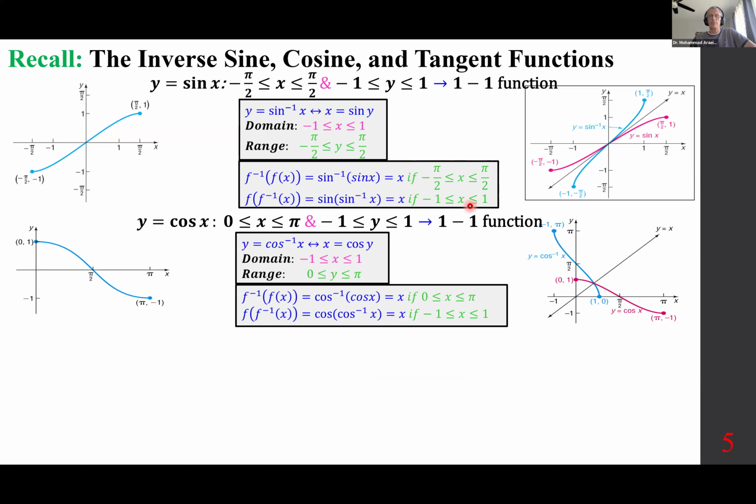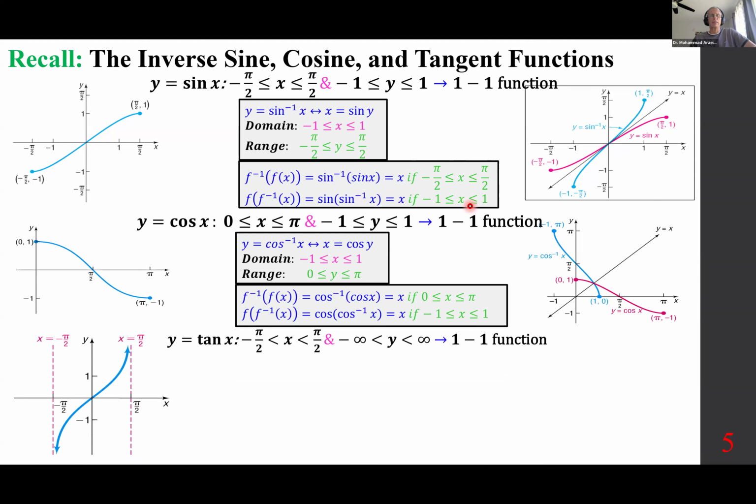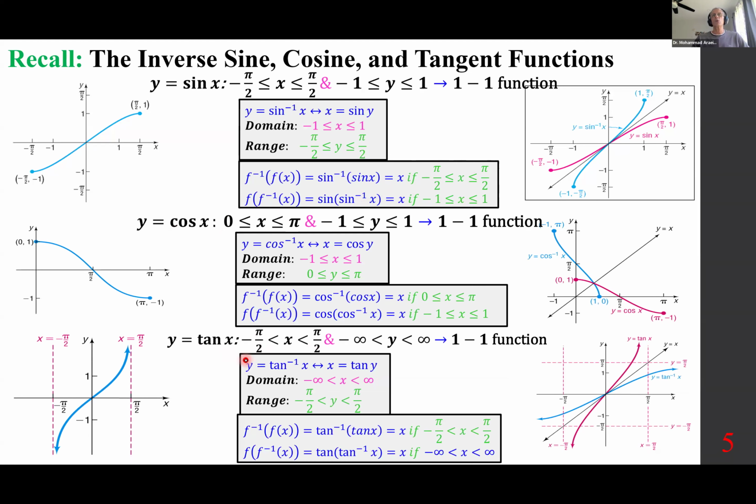Everybody remembers that. And tangent. So for cosine, we restricted from 0 to pi. For tangent, from negative pi over 2 to pi over 2. The endpoints are not included. So that's the synopsis of what we covered as far as graph of trigonometric functions and their inverse.